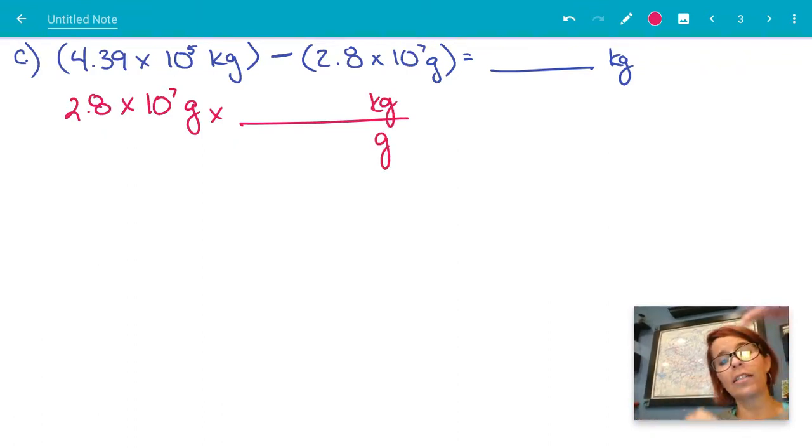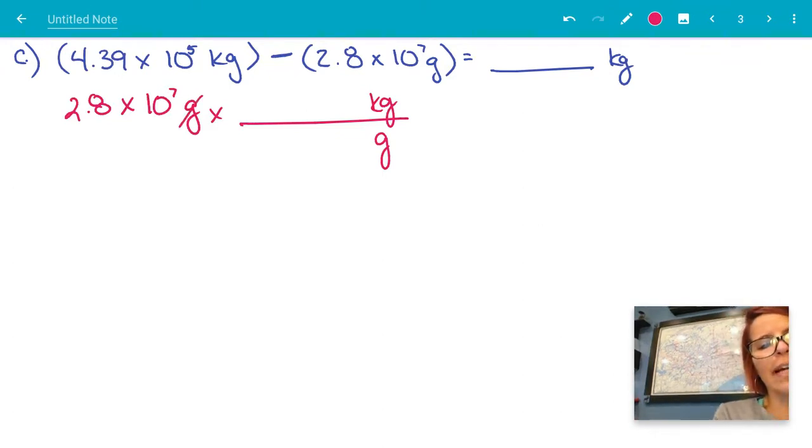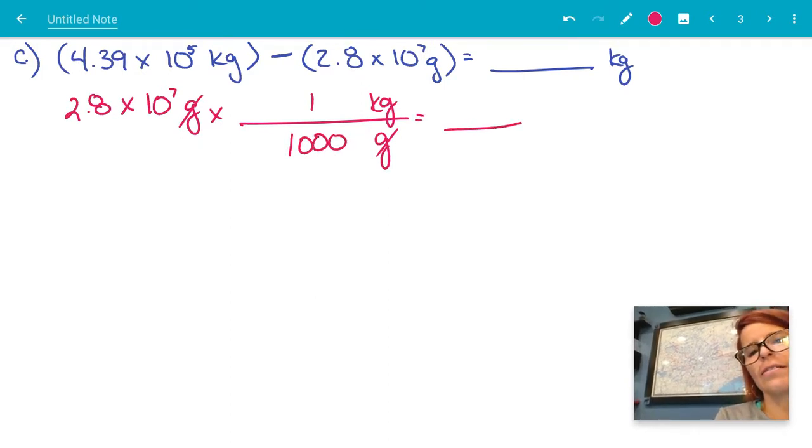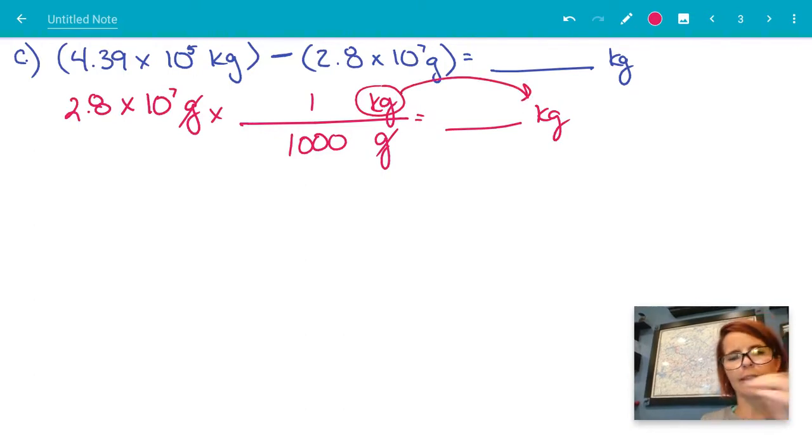I kind of wish we had to do it the other way around, so that you would have practice flipping it back and forth, but whatever. So grams cancel out, and we're left with 1 kilogram over 1,000 grams, and the unit would be kilograms because that's what we're left with.